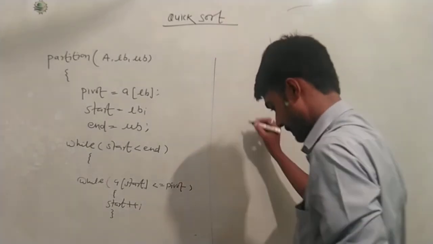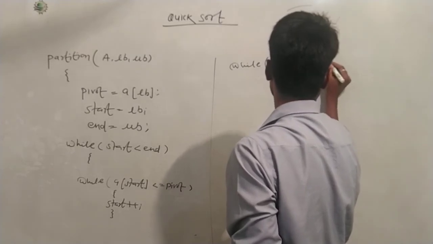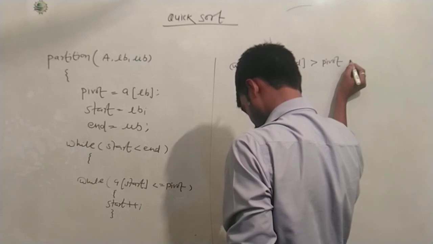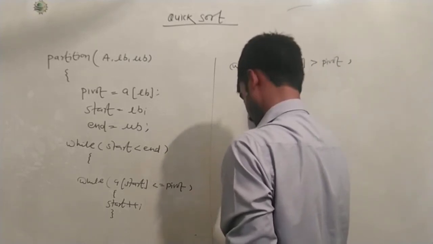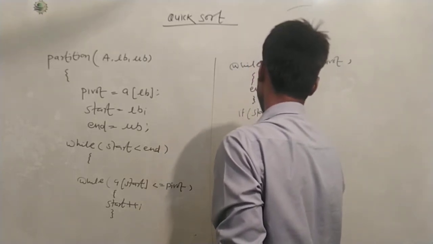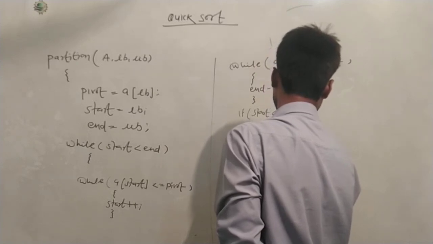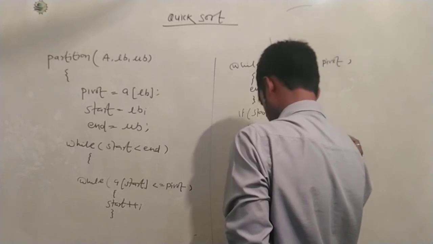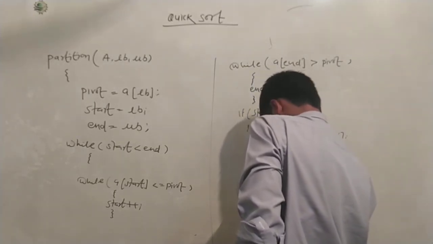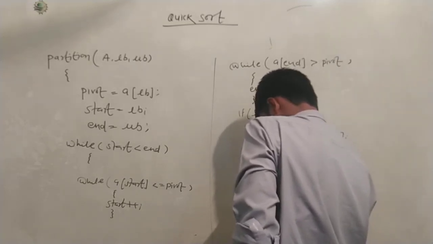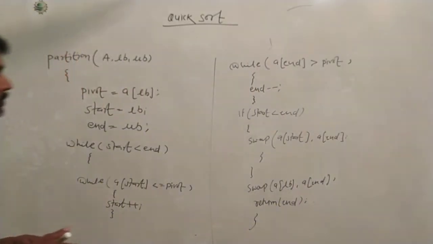Now while A of end is greater than pivot... So this is the algorithm.